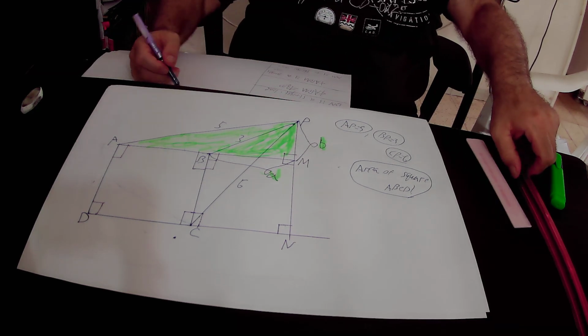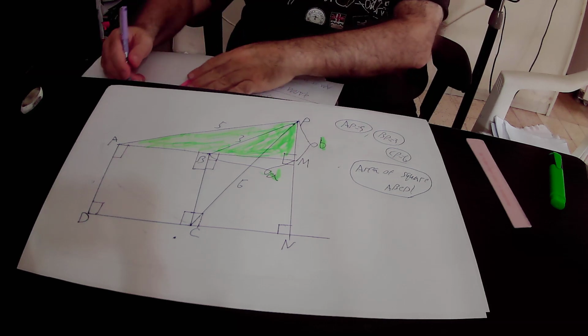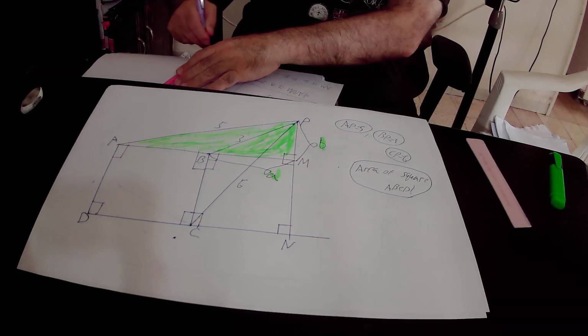In the right triangle APM, the square of the hypotenuse equals the sum of the squares of the perpendiculars.